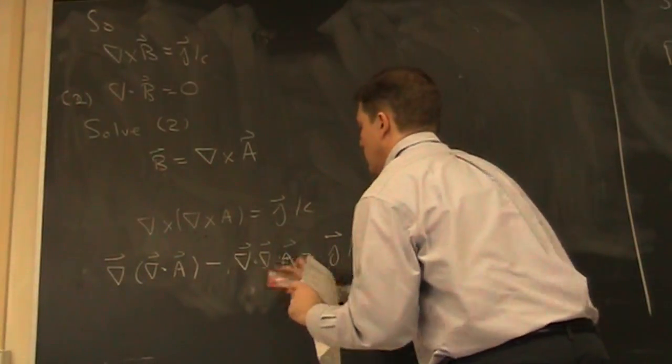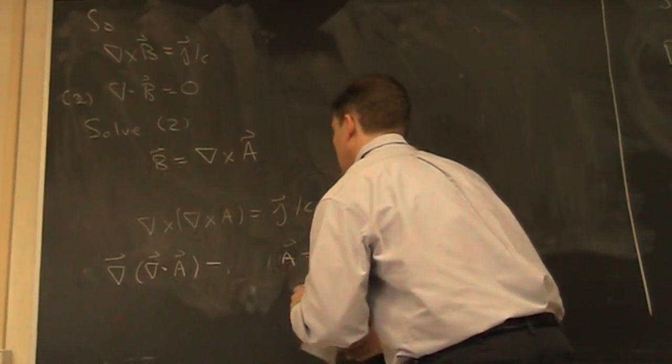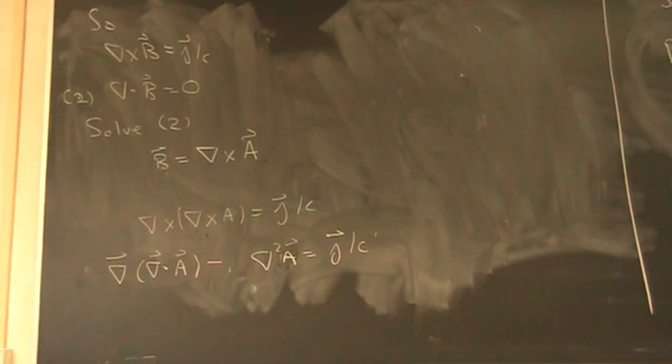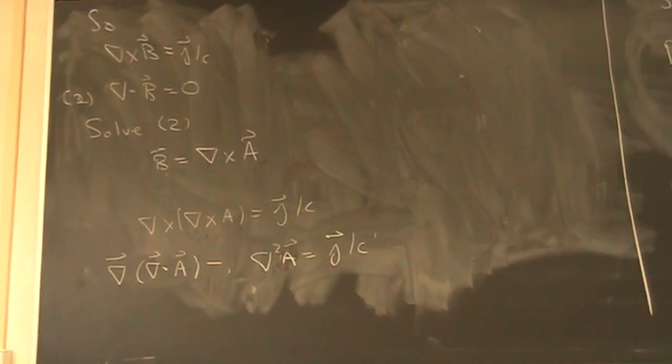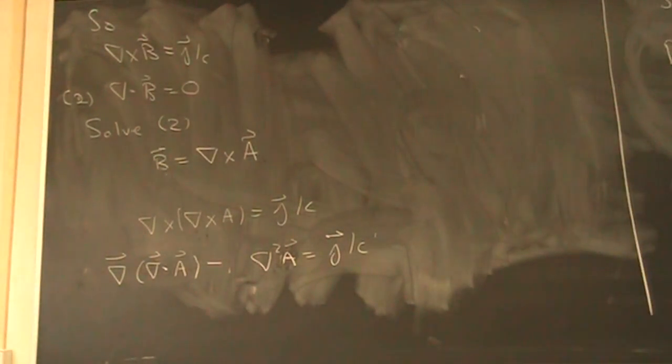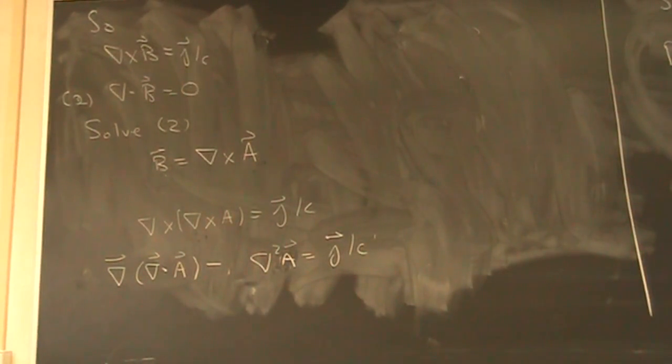Now you have to think for a while before you know how to proceed. So we use BAC CAB, we get to this form. Now we have an equation for A, which looks not all that simple.